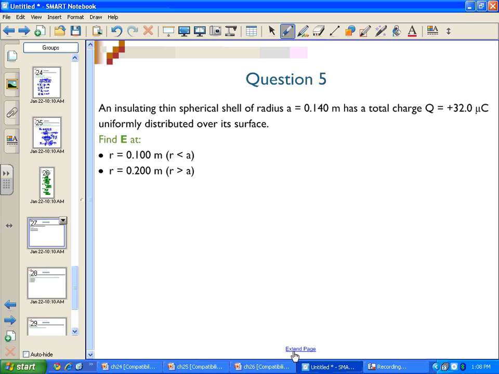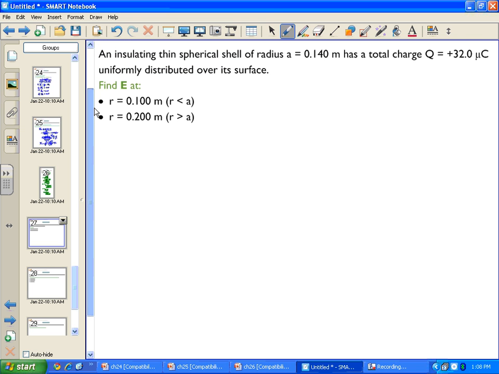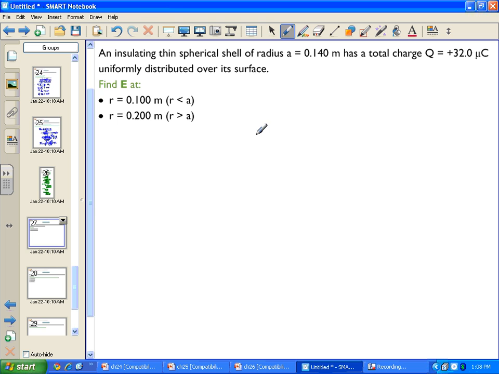Next problem. Here we are given an insulating shell which is hollow on the inside, has a radius of 0.14 meters, and a total charge of 32 microcoulombs. The charge only sits on the surface of this shell.